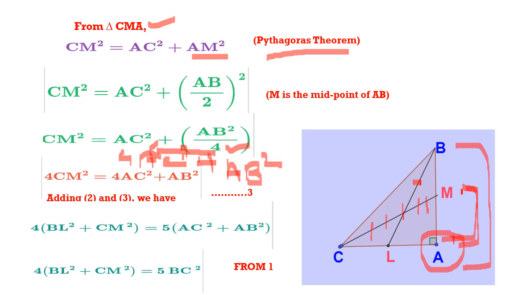The 4 in the denominator will get transposed to the left side, and you get 4CM squared is equal to 4AC squared plus AB squared. This is all mathematics. It's about taking LCM and transposing, which a 10th standard student knows very well how to do.